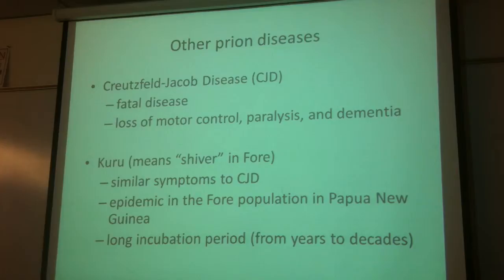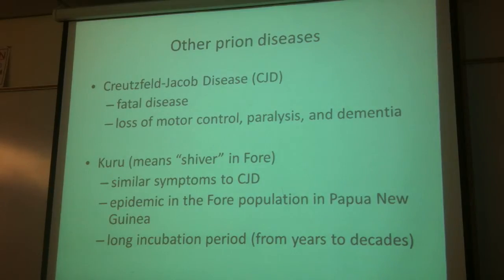Okay, prion diseases. CJD. They're fatal. You lose motor control, and get paralysis and dementia. Most of them have similar side effects, mental issues. There was an epidemic in the Fore population in Papua New Guinea.